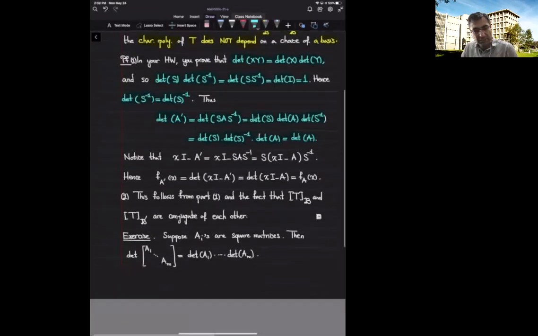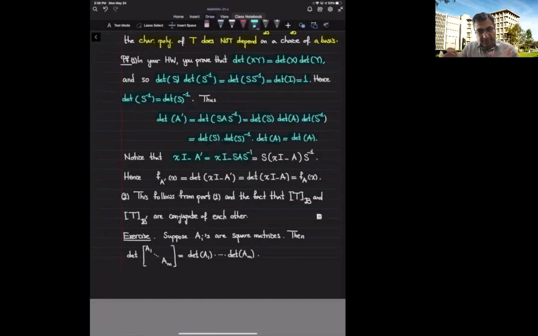Now I'm going to use this to show the characteristic polynomial of a matrix doesn't change after conjugation. So I give you a matrix A and I conjugate it. I want to understand the characteristic polynomial of A prime. That means I have to look at the matrix xI minus A prime and look at its determinant. xI minus A prime is xI minus S A S inverse. Now, I can factor out S and S inverse from both sides.